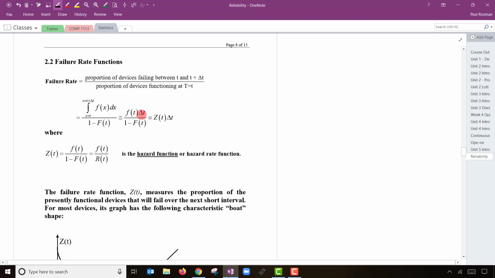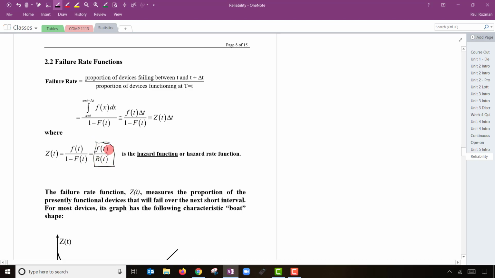And then we want to divide that by the number that are still remaining, which is the ones that haven't failed, or the reliability. So we'll define this as the hazard function. It's that proportion of those that are failing now to the ones that are still remaining.